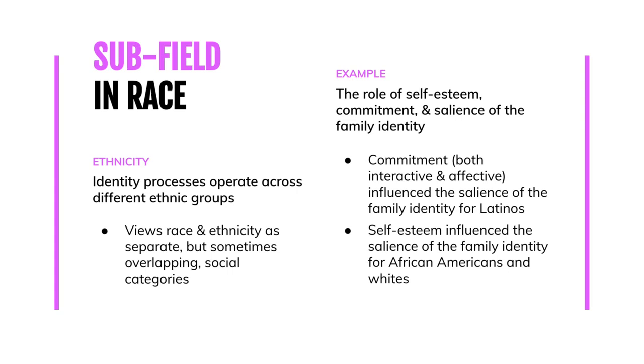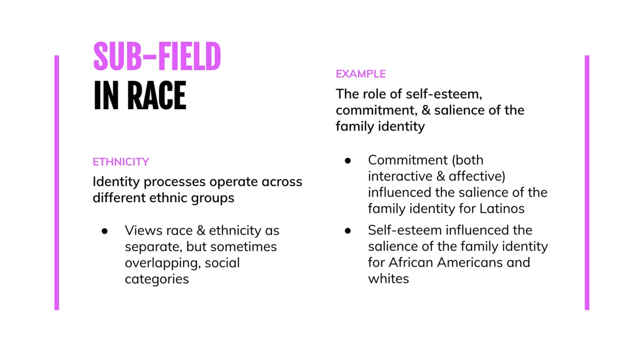And finally, this is a subfield in race and ethnicity, and typically it's just referred to as sociology of race. But within that, there are specific focuses on race and specific focuses on ethnicity. Ethnicity is typically nested under race, even though it is very much a separate, though often overlapping, area of interest.